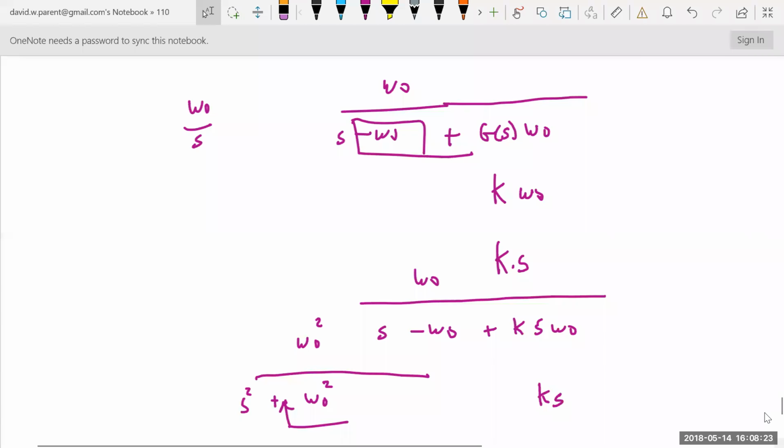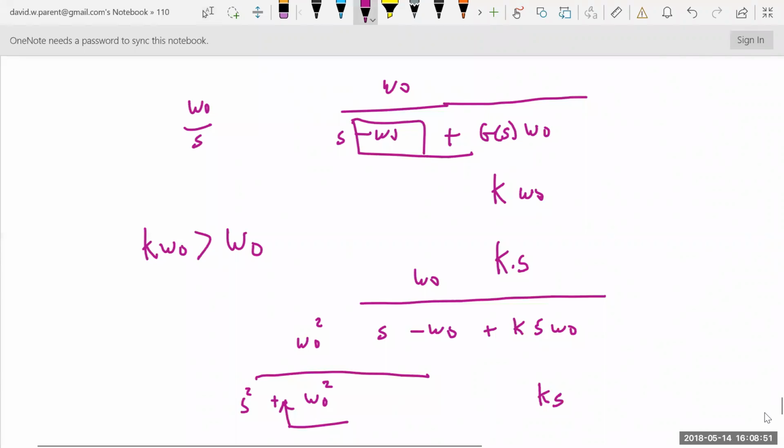So the question is, can you make it stable with this? You don't have to say, these are the new roots. But in this case, K omega naught has to be greater than omega naught, right?